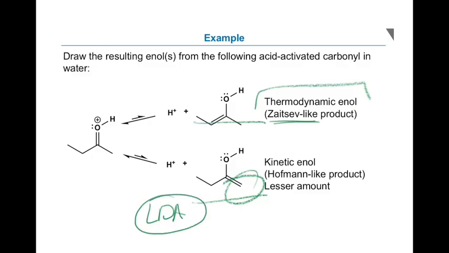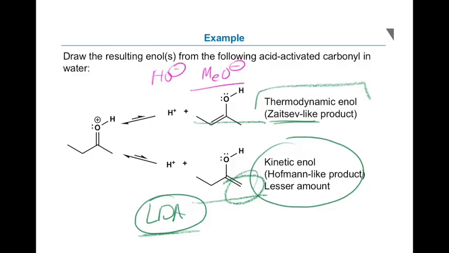Think back to Wittig and stuff like that. Irreversible, really powerful bases like LDA will typically favor your kinetic products. If I use something like hydroxide or methoxide, weaker alcohol bases, these will typically favor your thermodynamic products because these are cases where you're making this acid-base deprotonation at that lower center. Okay?